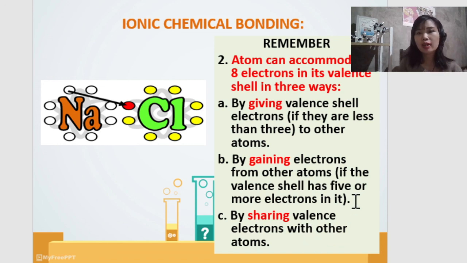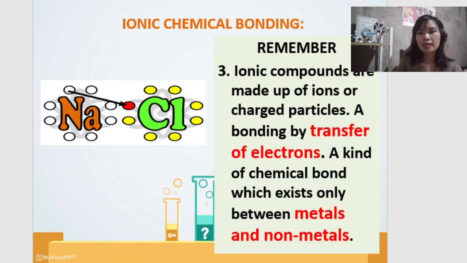But actually, what we have here are these two, giving and gaining. Sharing, we will discuss later. And of course, number 3, ionic compounds are made up of ions or charged particles. They are bonding by transfer of electrons between metals and non-metals.